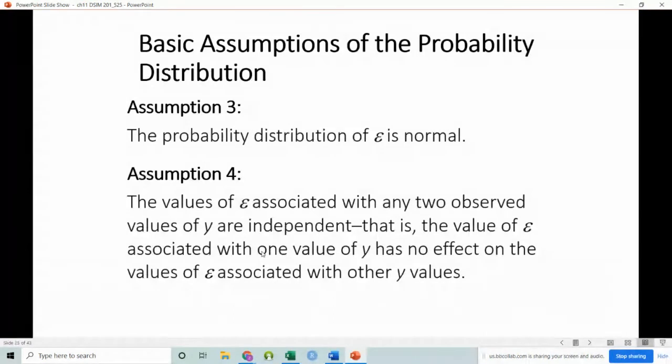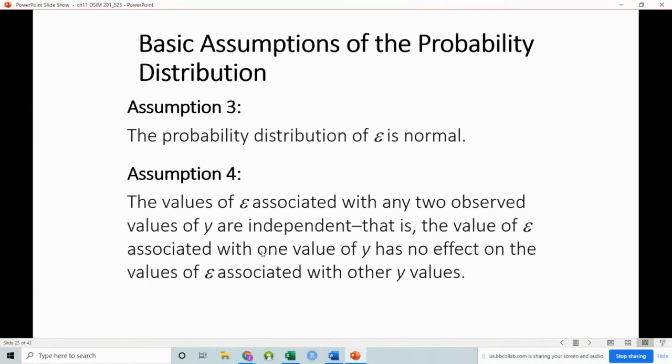Assumption 3, probability distribution of epsilon is normally distributed. That's kind of a key to the underlying reason all of statistics works.